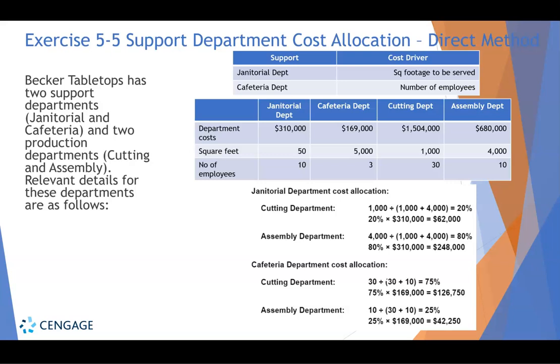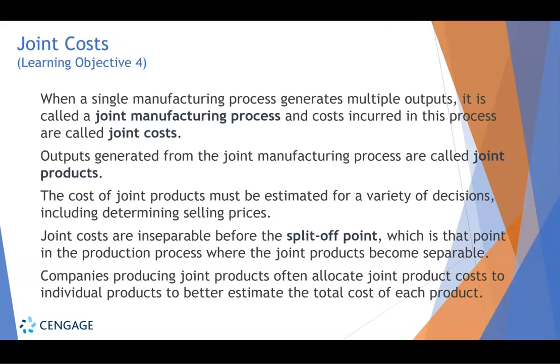Cafeteria is based on number of employees. If the cutting department has 30 employees and the assembly department has 10 employees, 75% of the cafeteria department will go to the cutting department, and 25% of cafeteria will go to the assembly department.